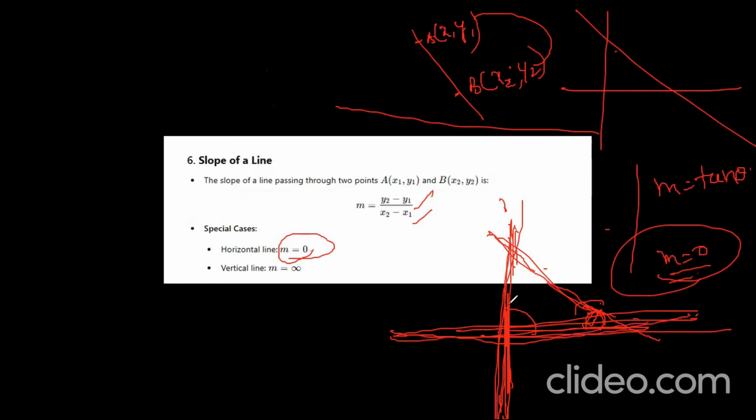So it is going to be tan 90, which is sin 90 by cos 90. Sin 90 is 1, cos 90 is 0, and 1 by 0 is infinite. So the vertical line has slope m equal to infinite. Got it? Horizontal slope is 0.